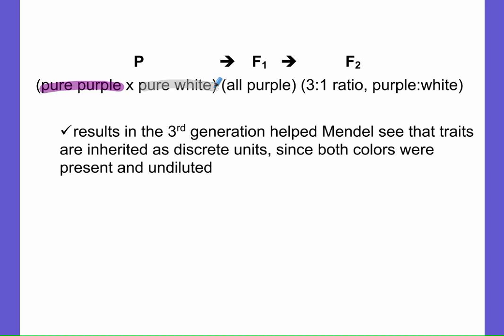In the second generation, all the flowers were purple, but then in the third generation, white showed up again. Some were purple, some were white, but more specifically, there was that 3-to-1 ratio that's going to be pretty important, right? For every 3 purple flowers, there was 1 white flower.